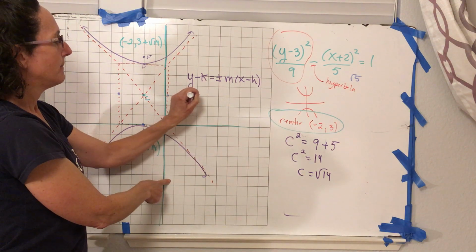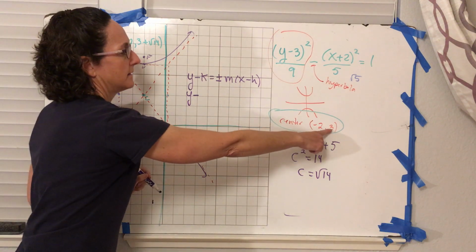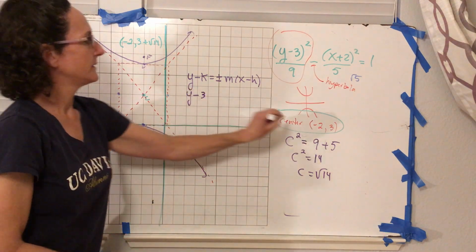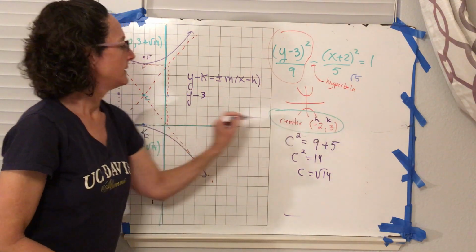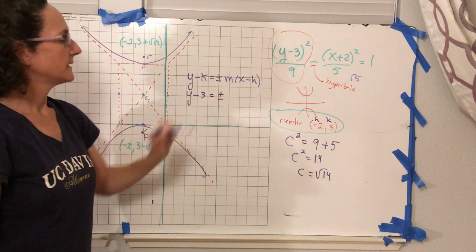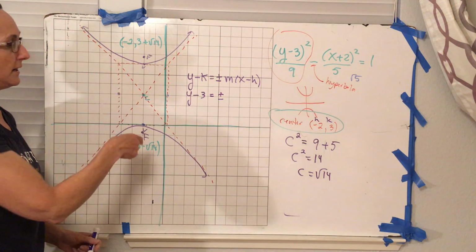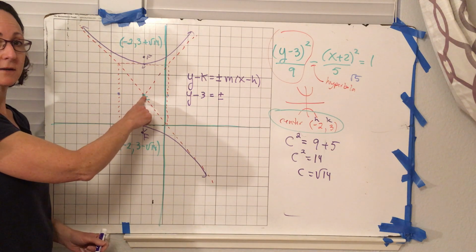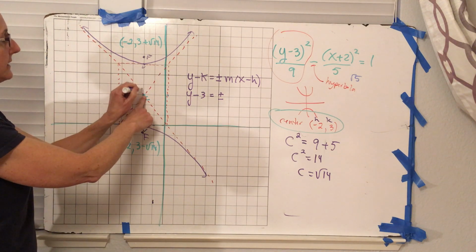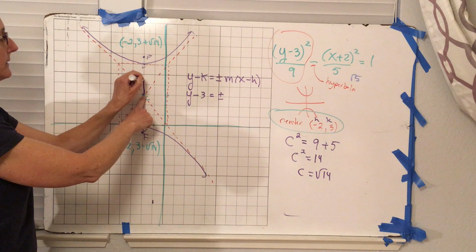So y minus 3, because remember this is h and this is k, equals plus or minus, and then I know you guys all know how to find slope. Okay, slope is rise over run. So start from the point that it goes through. If you rise, it's up 3 right here.